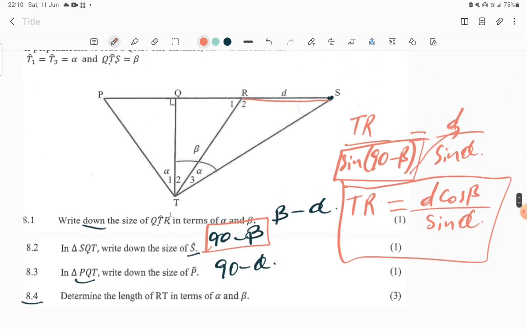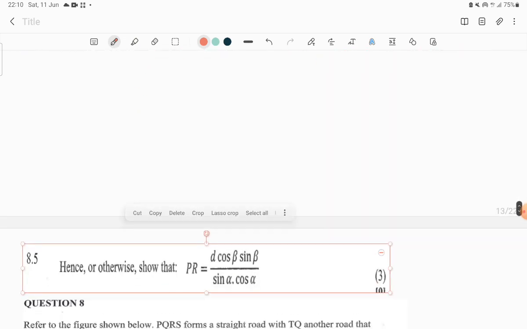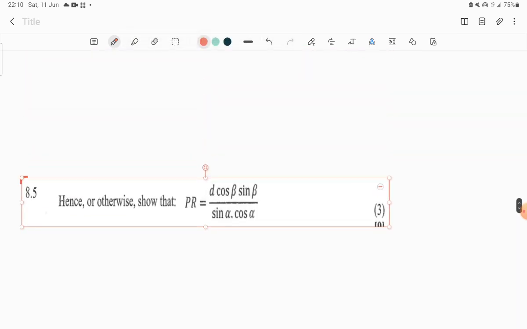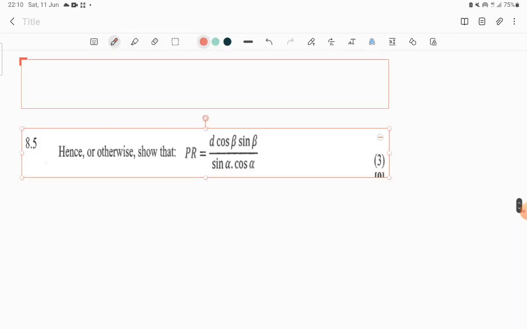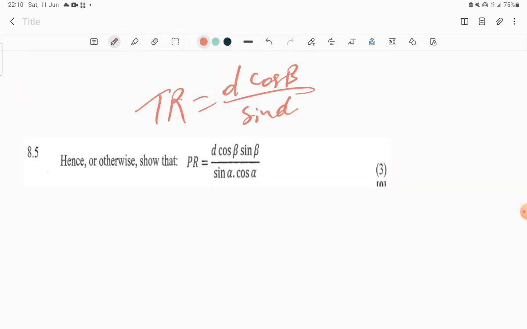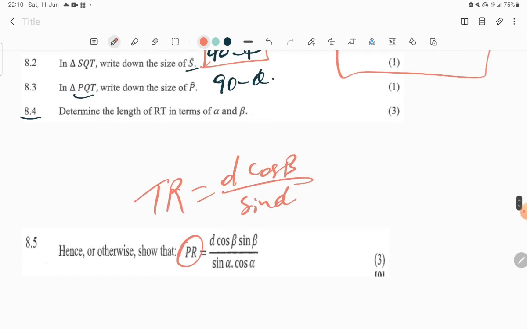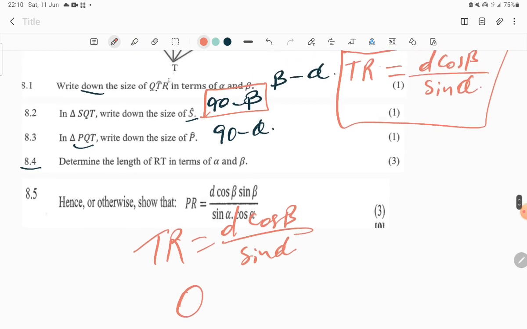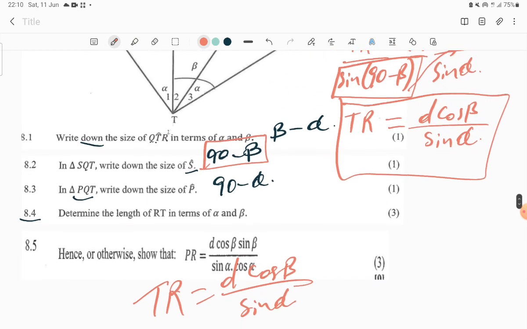Okay, good. Show that PR is equal to that. All right, so on that note, let me just put it over here. Good. Show that PR is equal to that.